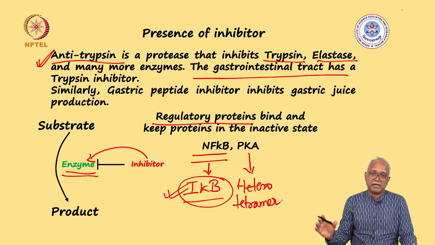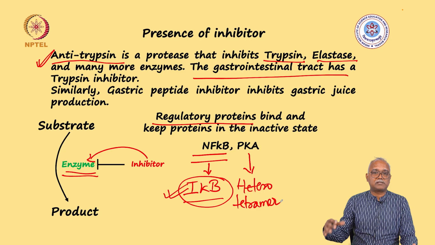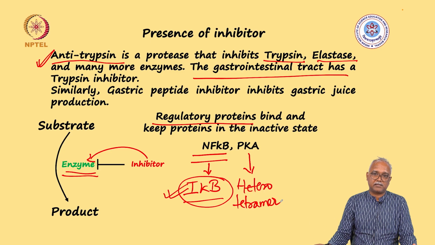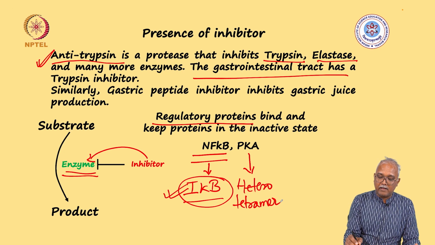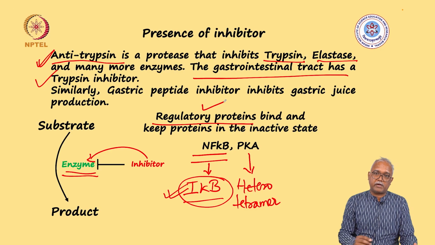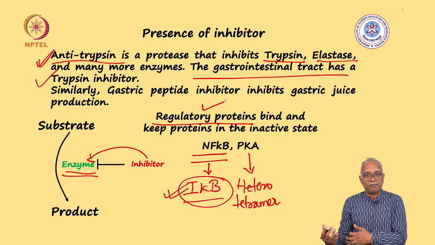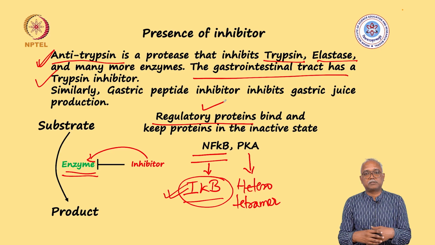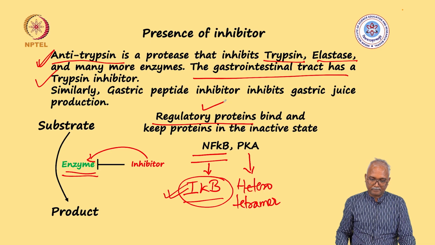You will see the regulatory activity of this particular molecule when we understand a specific type of GPCR signaling later in the classes. So what I am suggesting here is that the presence of inhibitor or regulatory protein controls the functioning of not only signal but effector molecules, and in this case you can also say that the presence of such regulatory proteins may affect the functioning of the receptors also.